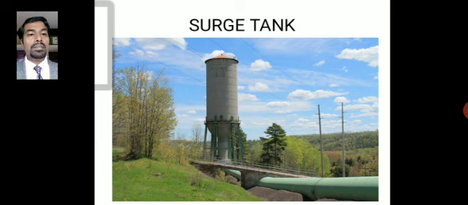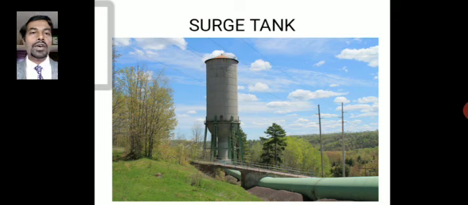there can be times where the water at the bottom of the penstock is stopped using a stop valve. When the water is stopped using a stop valve, there is a chance that a large amount of pressure is built up in the penstock, and even the penstock can burst because of this pressure. So to relieve the pressure, a surge tank is attached to the penstock.